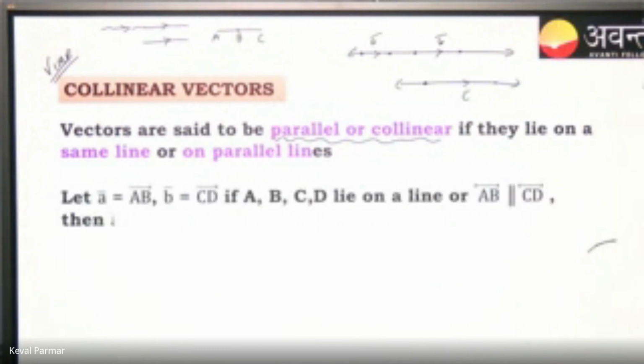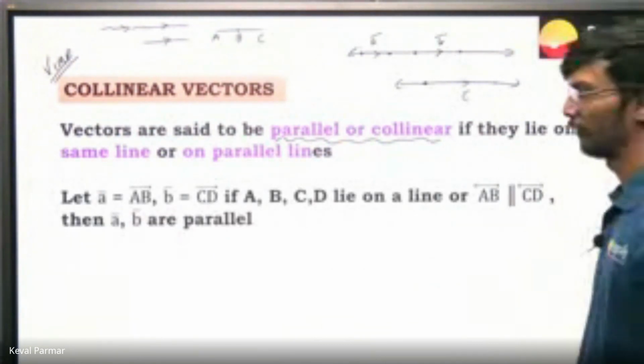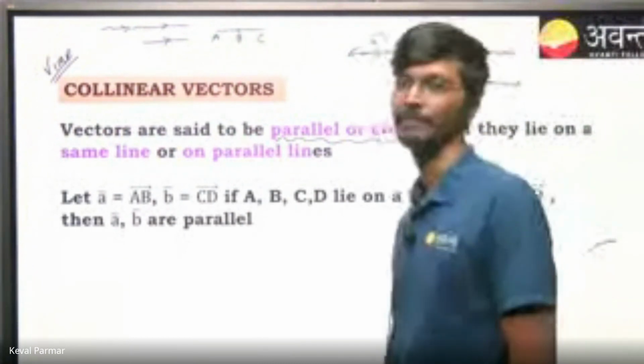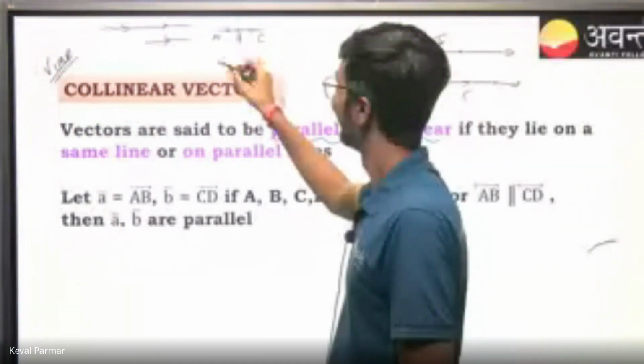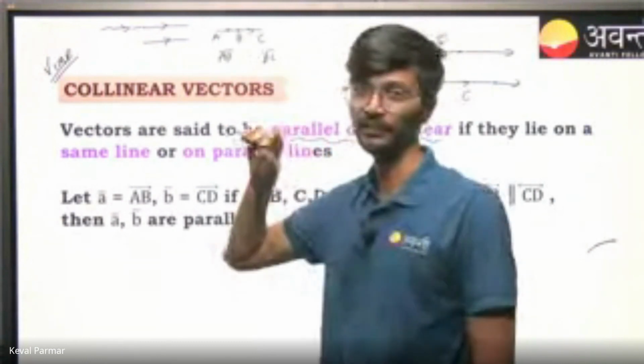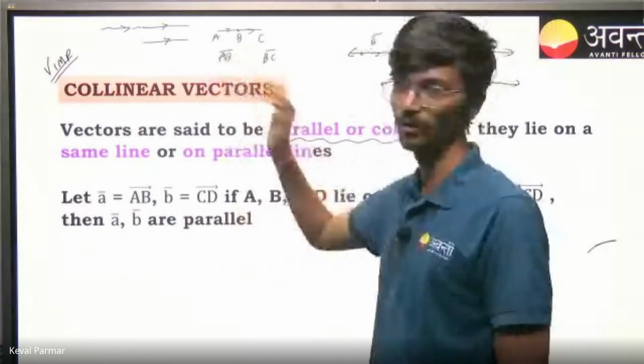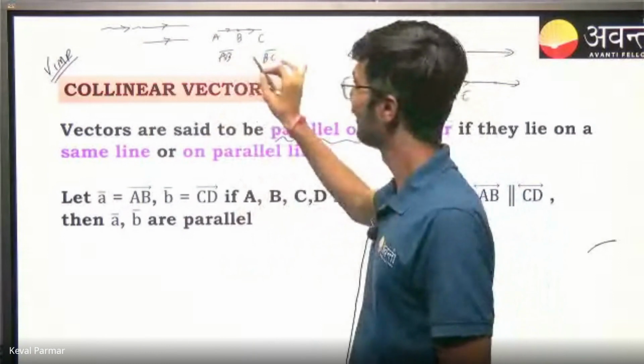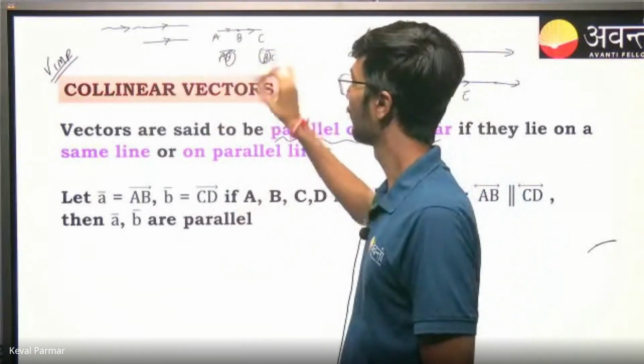Now, from vectors, we can also see these are two vectors, AB bar and BC bar, which are either collinear or parallel. Here in this case, they are collinear, since AB bar and BC bar have B as a common point.